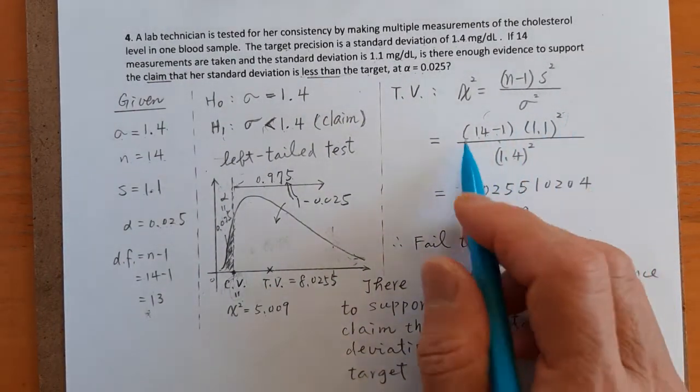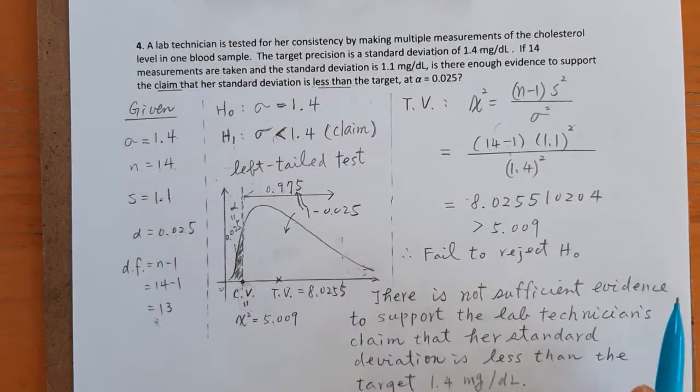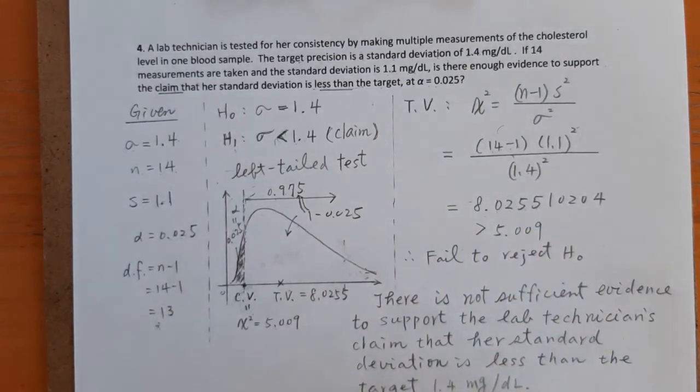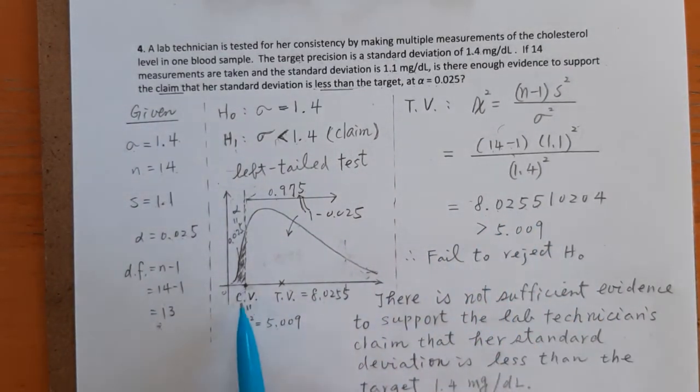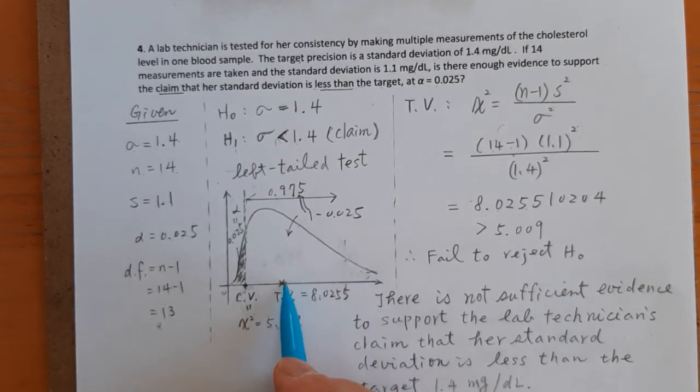Figure out this chi-square value and get 8.0255. That is greater than the critical value 5.009. So this test value 8.0255 is to the right of 5.009 because it is greater than 5.009. So it's falling in here.